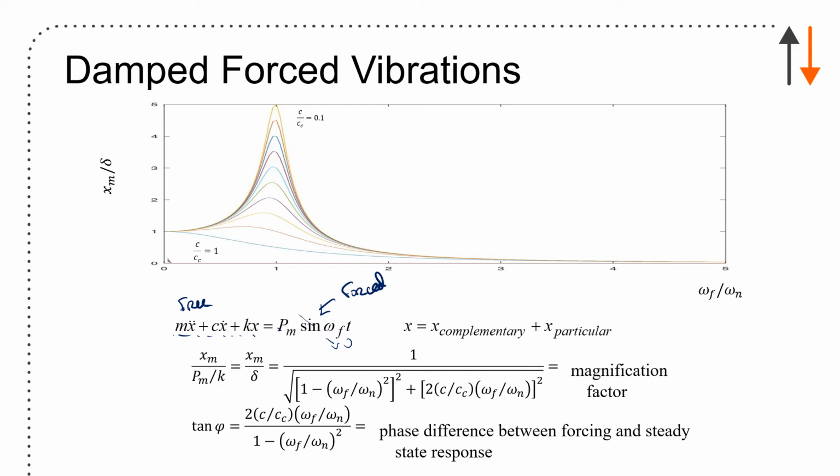As you can see here, you expect as this approaches 0, this will go towards infinity. And as you see in the figure above, when c over c critical starts to approach 0.1 or so, of something that is at an omega frequency which equals omega n, you start to get to a case where you have an infinite amplitude.